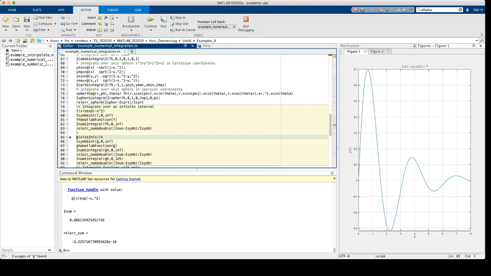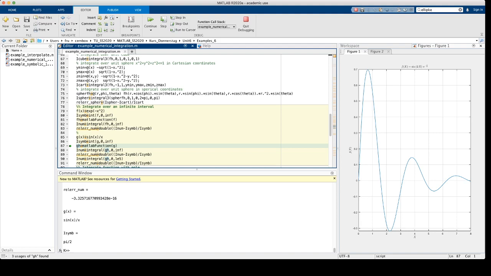Now let's try the same approach with a different function, namely sin x over x. Symbolic integration gives a value of pi over 2 for this integral over the infinite interval from 0 to infinity.